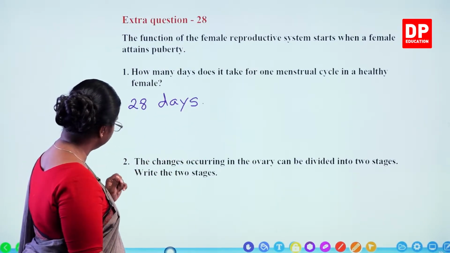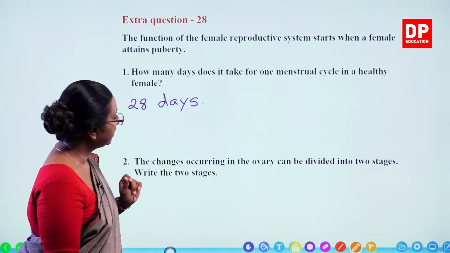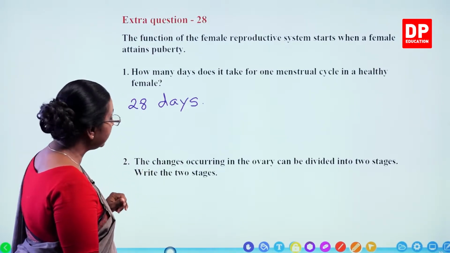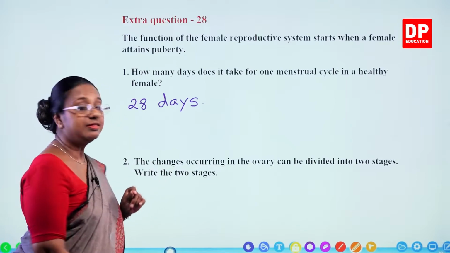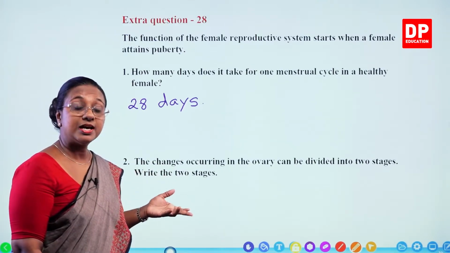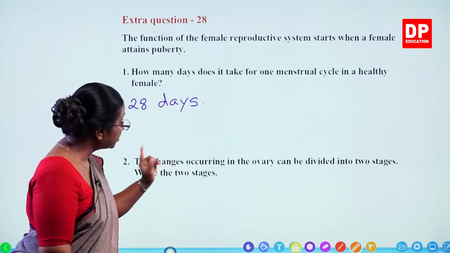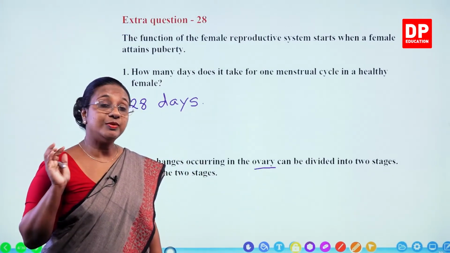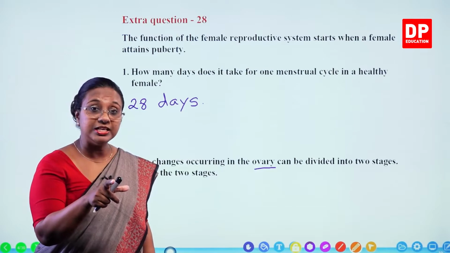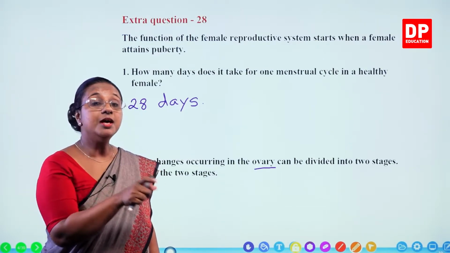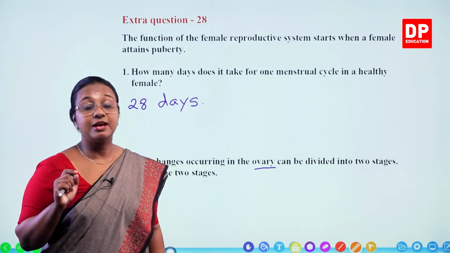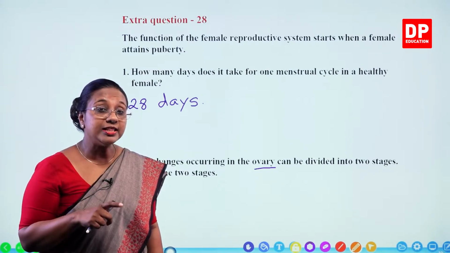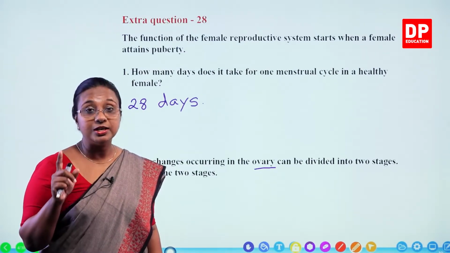Then the second question. The changes occurring in the ovary can be divided into 2 stages. Write the 2 stages. What are the 2 stages? The changes occurring in the ovary. So you all know it is a 28-day cycle. First 14 days is the development of the primary follicle to the Graafian follicle. What do we call that? We call it the follicular phase.